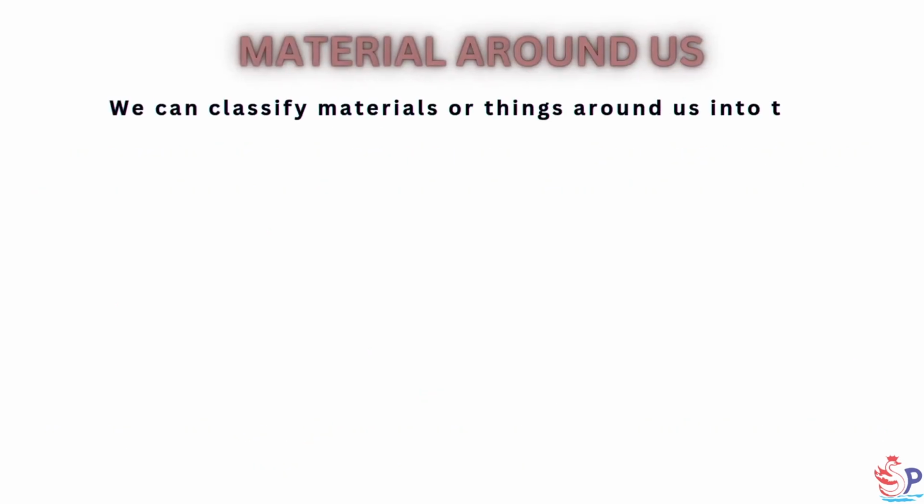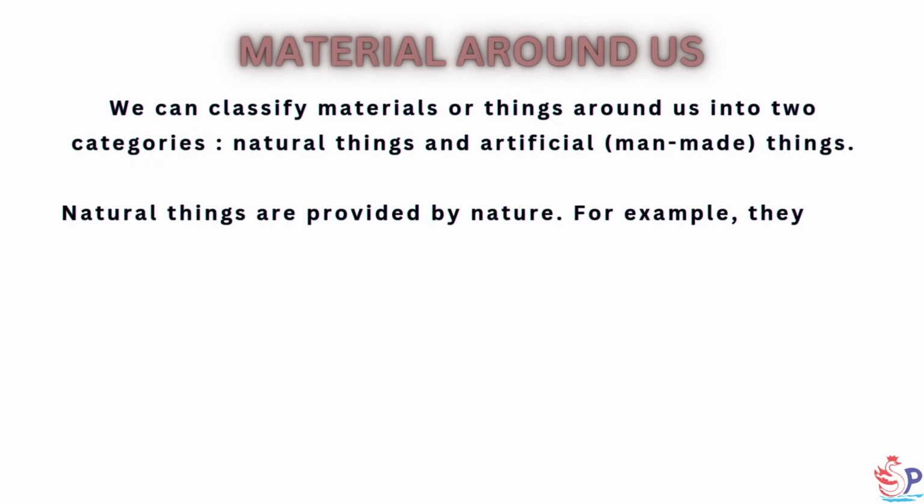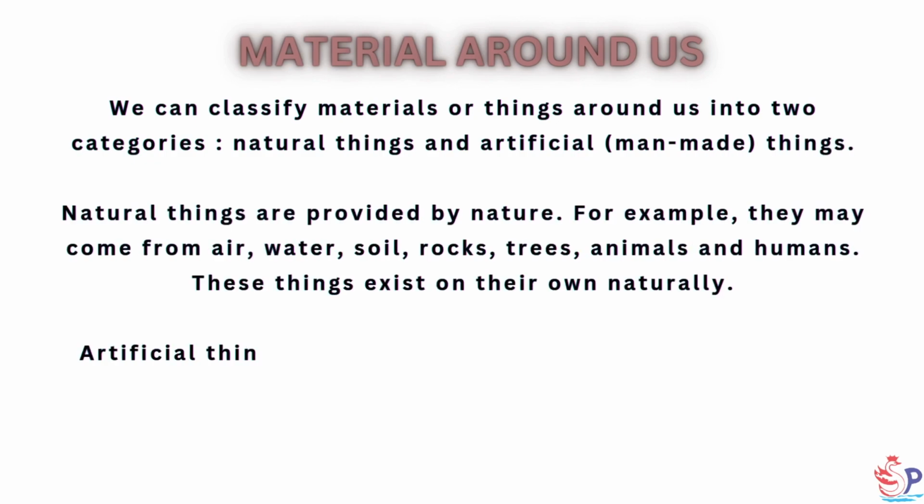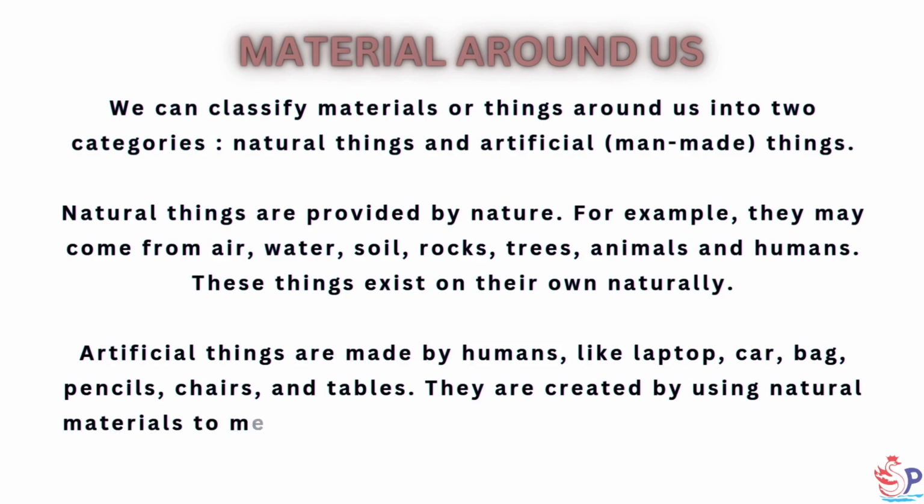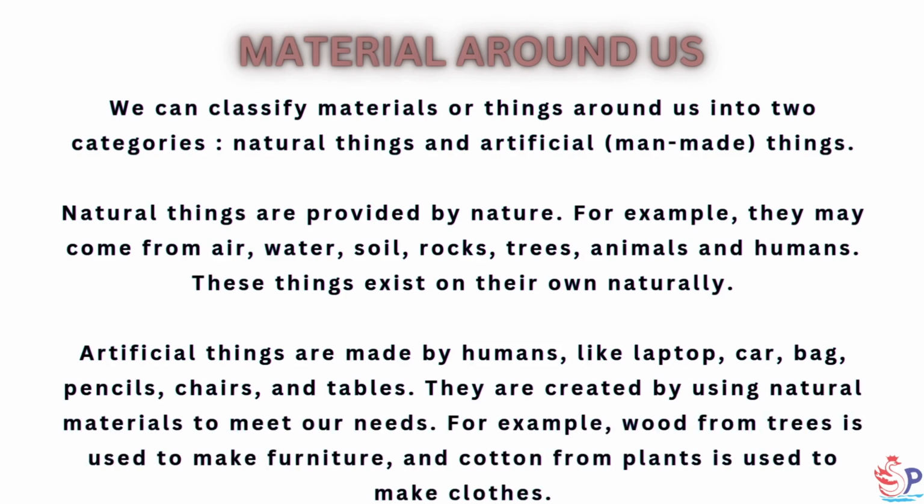Material around us. We can classify materials or things around us into two categories: natural things and artificial, man-made, things. Natural things are provided by nature. For example, they may come from air, water, soil, rocks, trees, animals and humans.